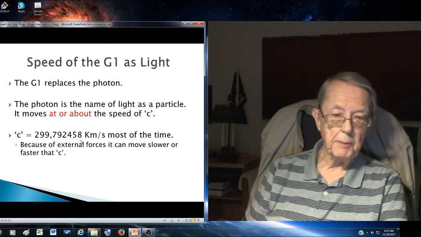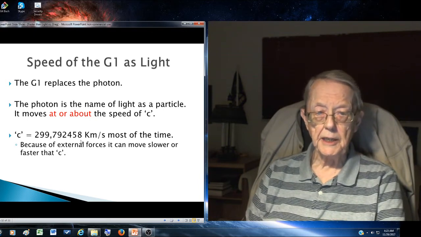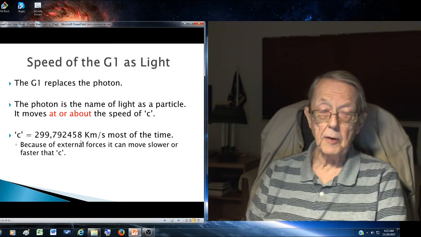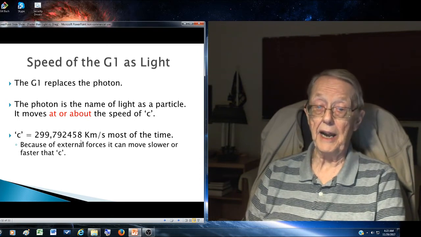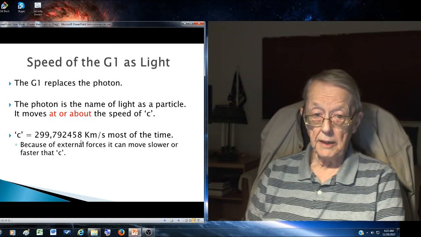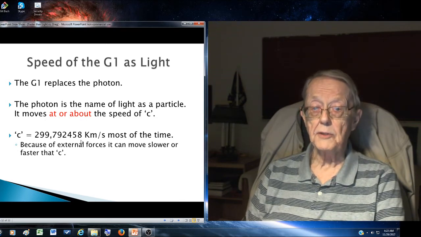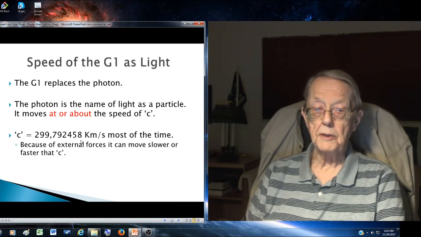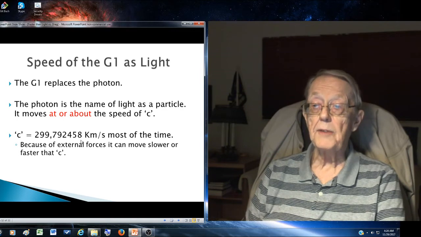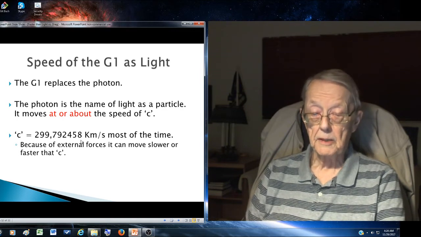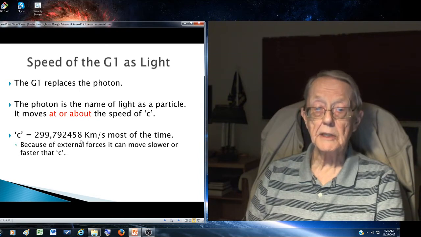That's supposed to be a period, not a comma. C, the precise known value, or I think it's the statistically averaged value, is close to 300,000 kilometers per second most of the time. But because of external forces, in my opinion, it can move slower or faster than c.